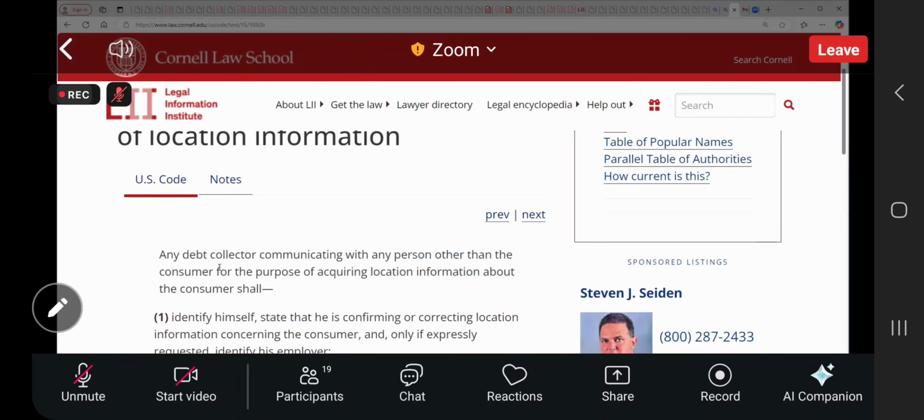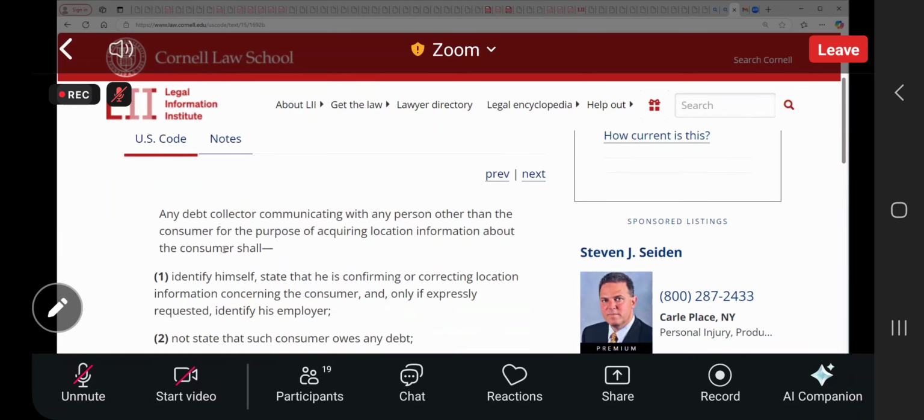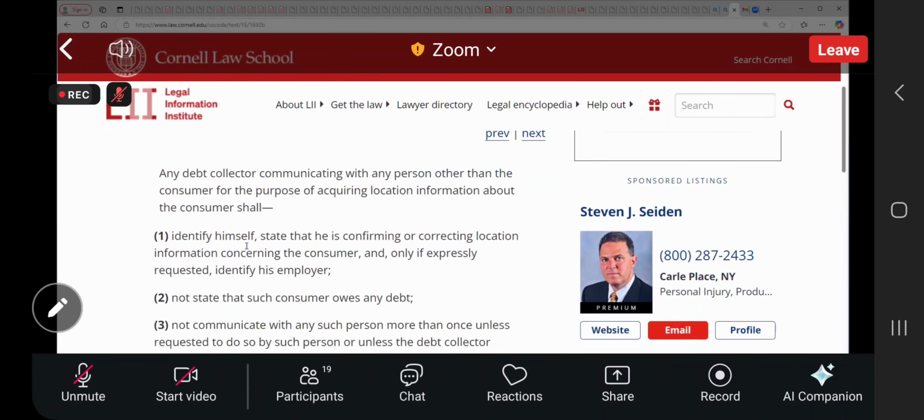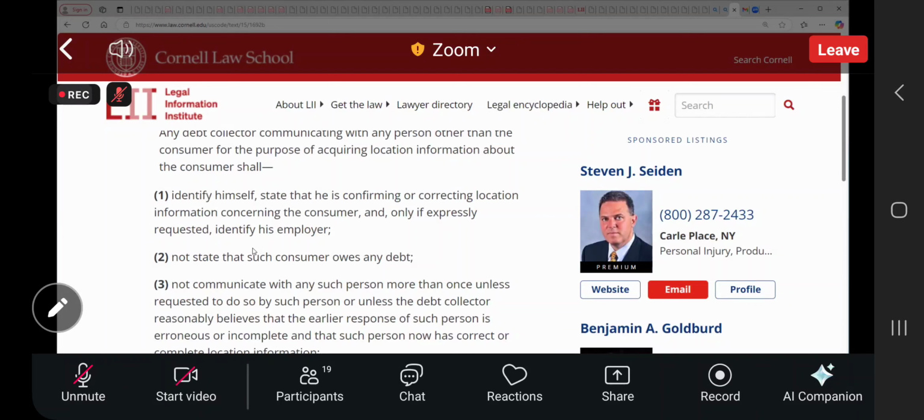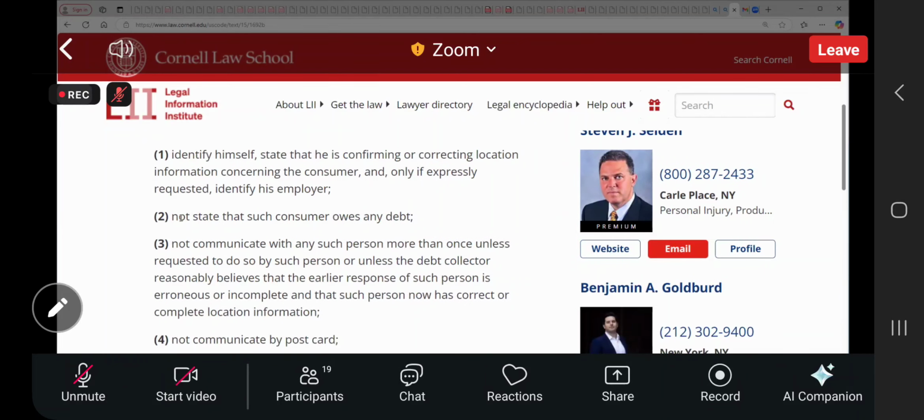Okay? Any debt collector communicating with any person other than the consumer for the purpose of acquiring location information about the consumer shall, 1, identify himself, state that he is confirming or correcting location information concerning the consumer, and only if expressly requested, identify his employer, right? 2, not state that such consumer owes any debt. So you want to use the word consumer.